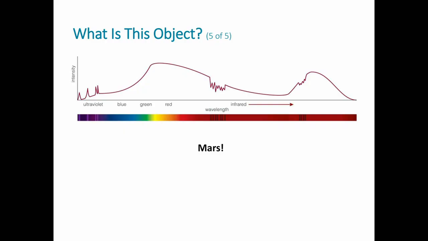So the center part of the curve is basically the solar spectrum, and then because Mars is red, the red part of the solar spectrum is bouncing off the surface and coming back towards the Earth, but the bluer photons are being absorbed by the planet. Then Mars has an atmosphere that has carbon dioxide in it, and it has a pretty low temperature, so its black body curve is shifted way over into the infrared.